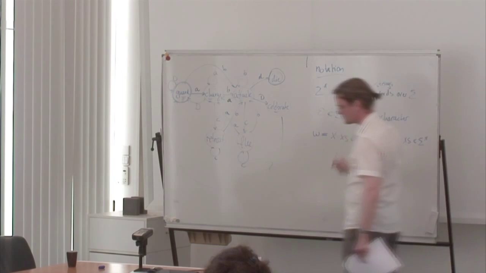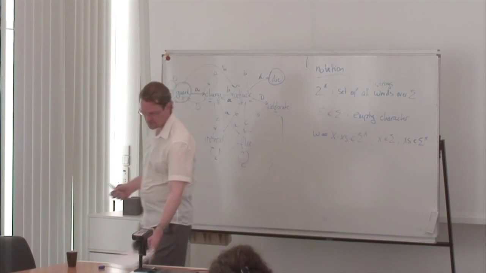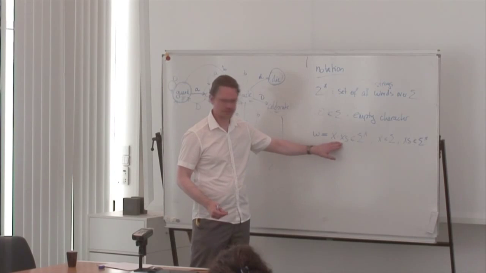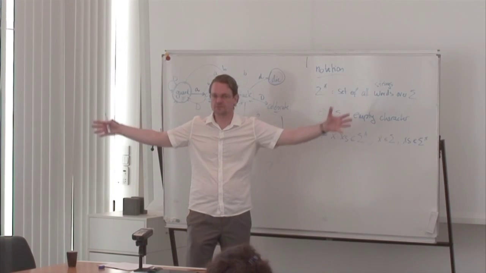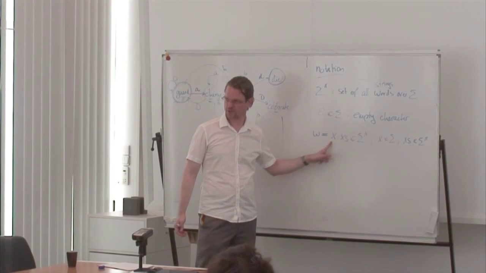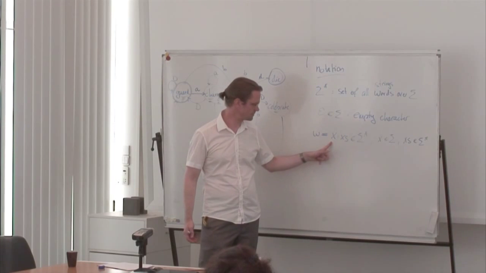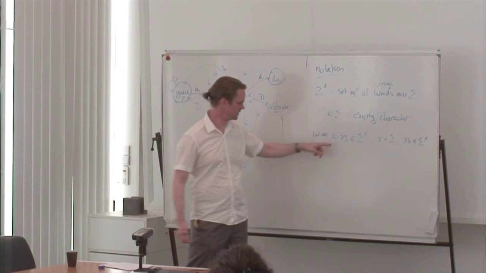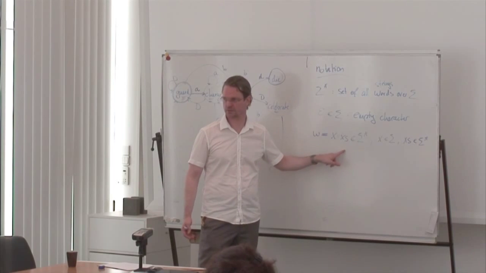So this basically says we have a word XS, a sequence of some characters, and there's one more character in front of it. I use that colon to indicate concatenating a character to a string.